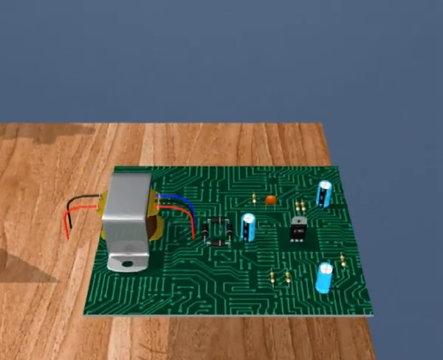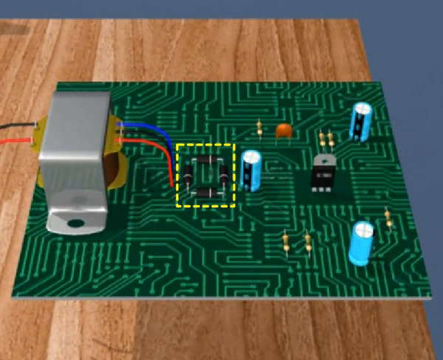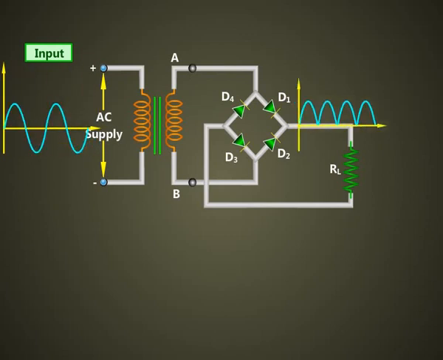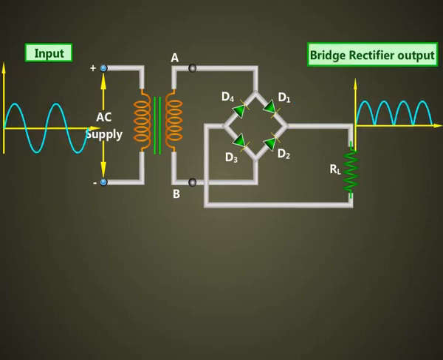The internal circuit board of power supply is shown. Bridge rectifier network. The input sine signal is given to the bridge rectifier circuit and rectifier output signal is obtained.